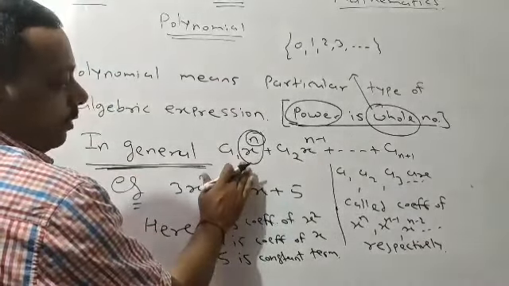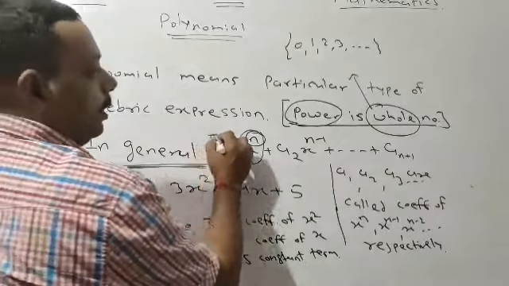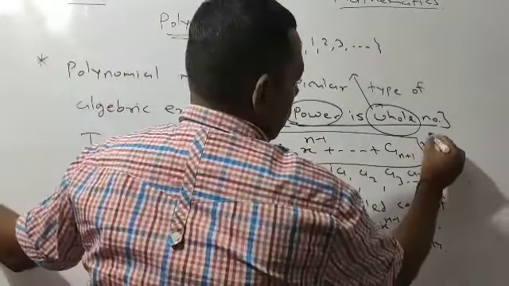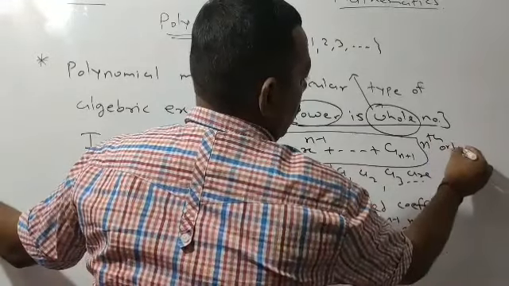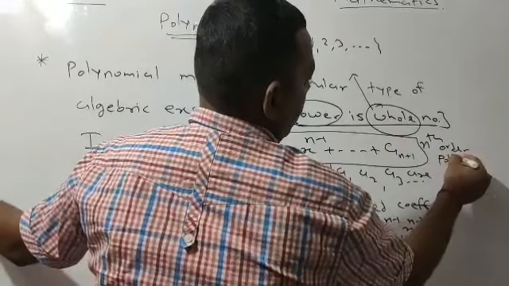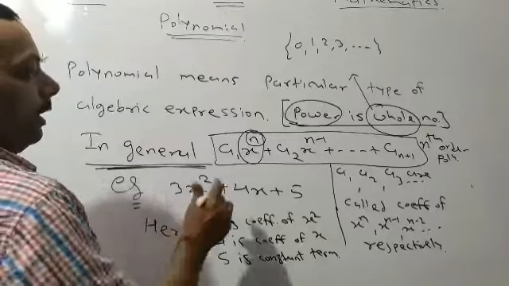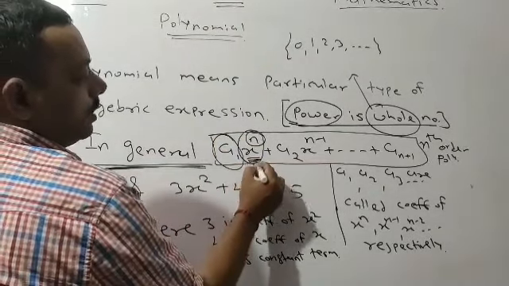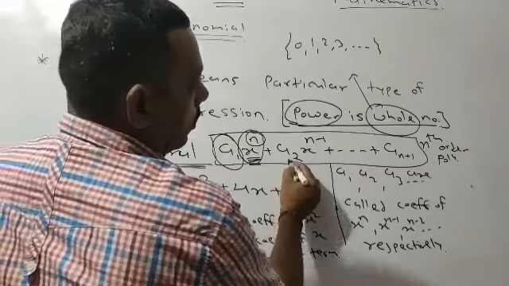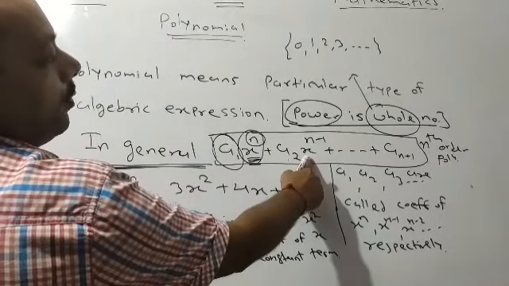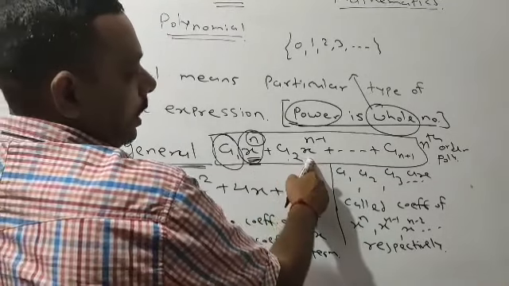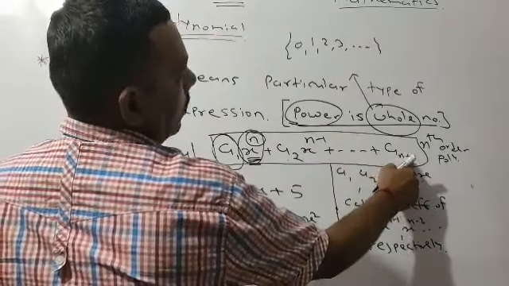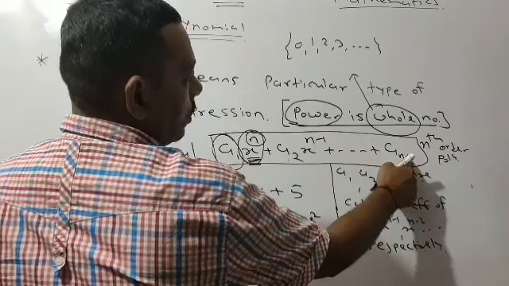So in general, this general form is an nth order polynomial, where a1 is called the coefficient of x raised to n, a2 is called the coefficient of x raised to n minus 1, and that way the last term, the constant term, is a n plus 1. Why is it called constant?